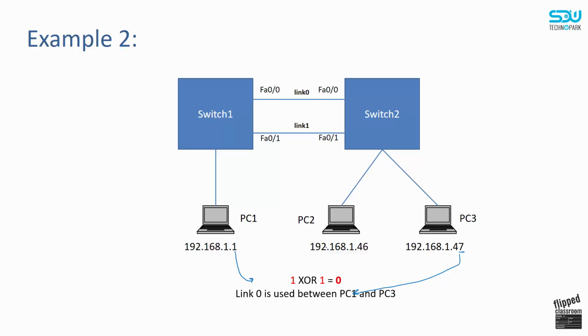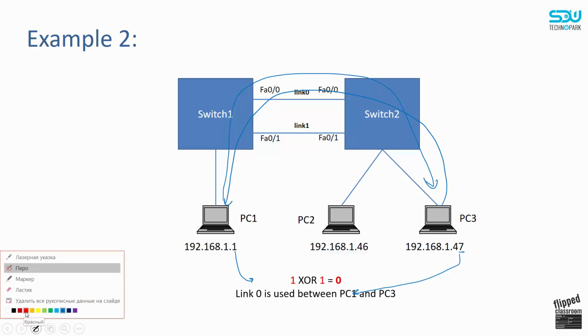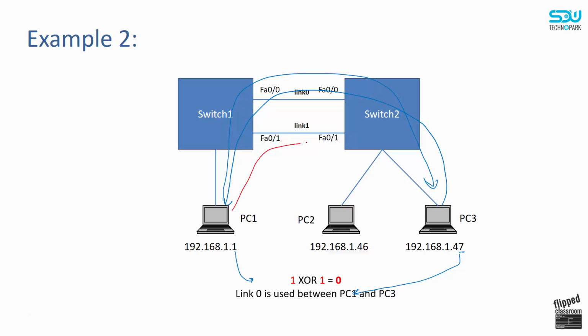It means that communication between PC1 and PC3 will be happening through link number 0, and communication between PC1 and PC2 will be happening through link number 1. In this situation, our EtherChannel will give us normal load balancing, which will increase the speed of our connectivity between different hosts.